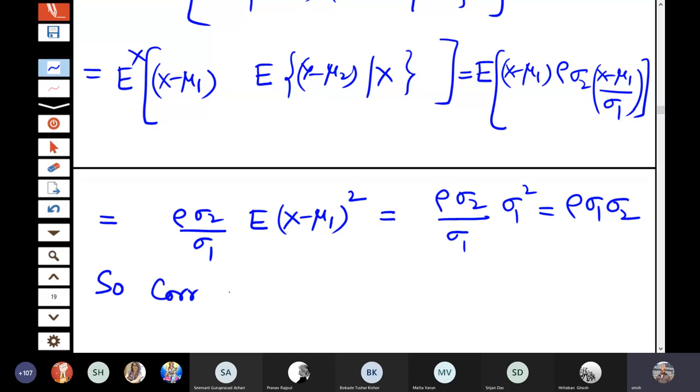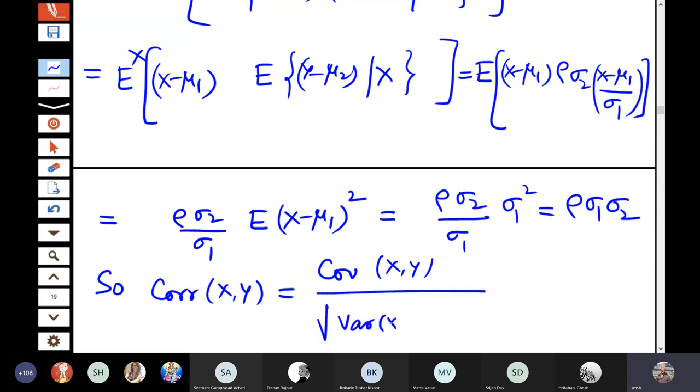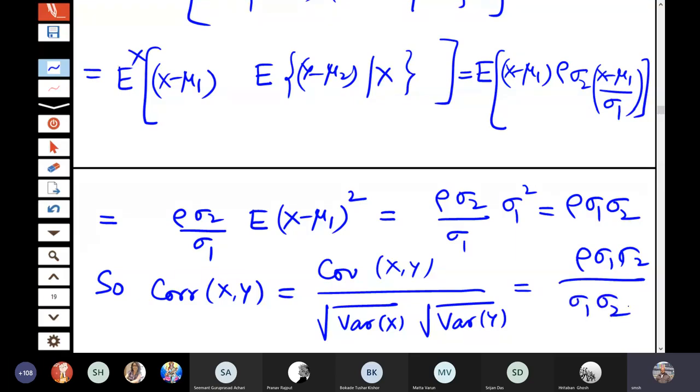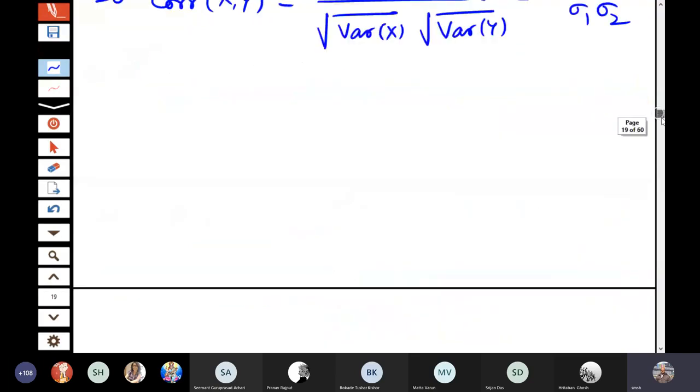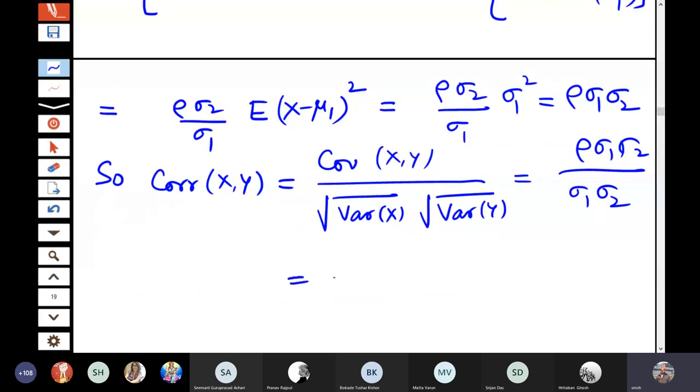So correlation between x and y, that is covariance between x and y divided by square root variance of x, square root variance of y, that is rho sigma 1 sigma 2 divided by sigma 1 sigma 2. That is equal to rho. So actually we have identified all the parameters for the bivariate normal distribution.